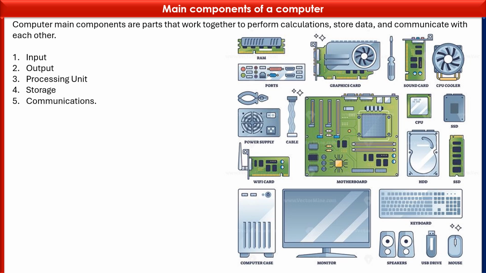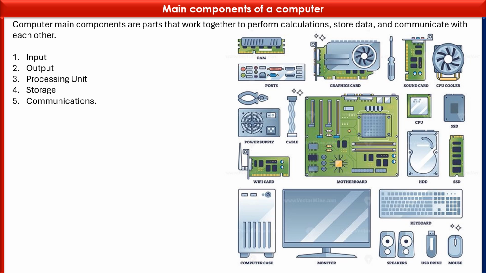The main components of a computer system are parts that work together to perform calculations, store data, and communicate with each other. So these are the main components of a computer system. For example, in our list here we have input, which are parts that allow you to put information in the computer.